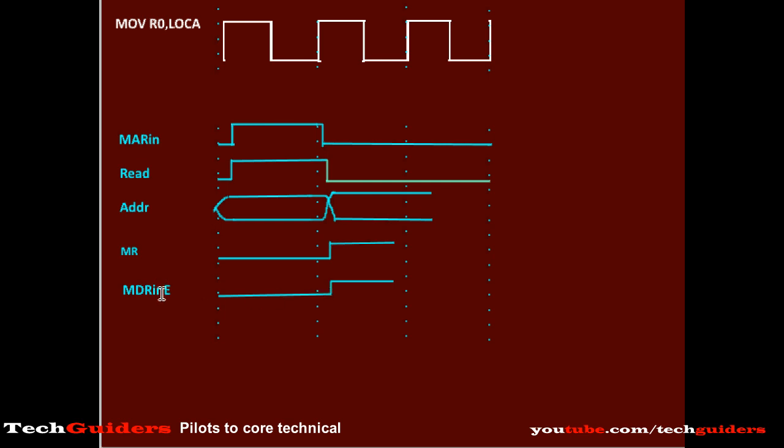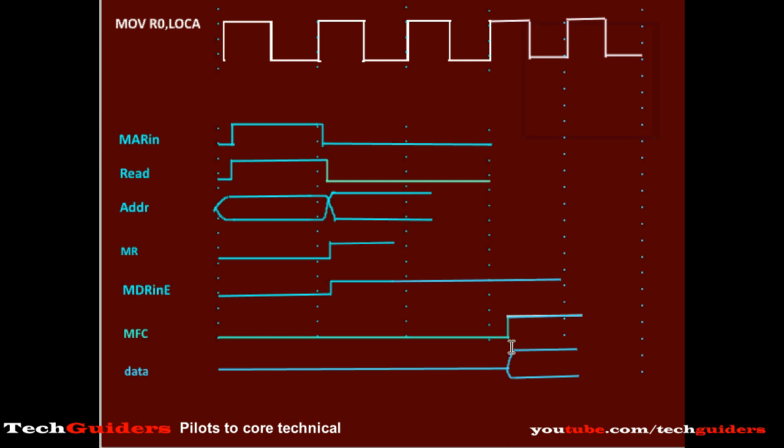But we do not know when the data becomes available, so we wait for the MFC signal, memory function completed signal. When the data becomes available, an MFC signal will be generated and the MDR in E signal is already active. At the next rising edge of the clock cycle, the data will be copied to the memory data register. And soon all the corresponding signals go down.